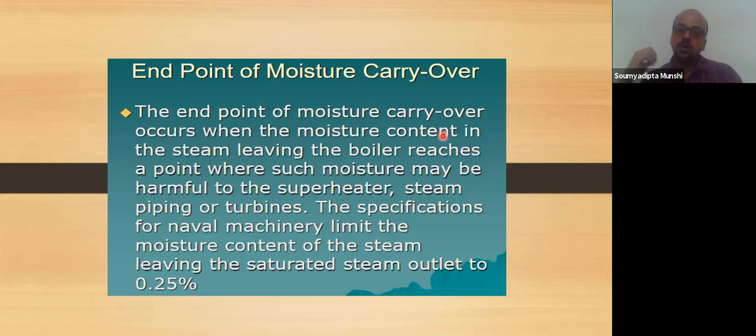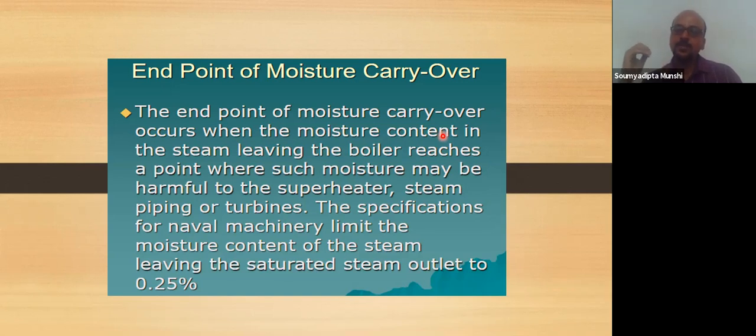Okay, or to the turbine. There is an amount of moisture beyond which, if the moisture is high, it can cause accidental operation problems inside the superheater or the turbine.